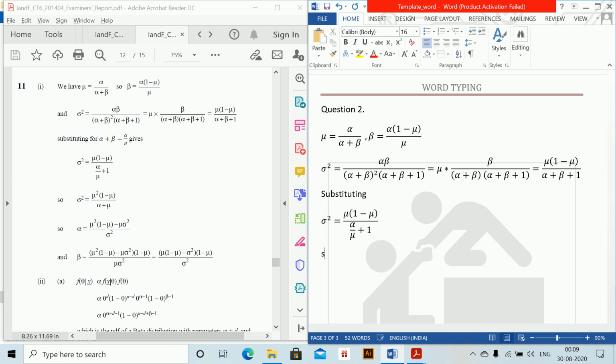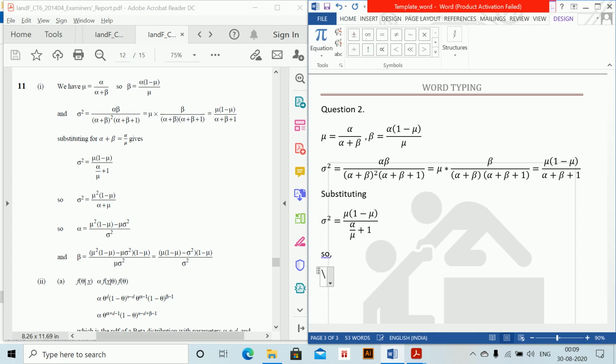So σ² is equal to μ(1−μ) divided by (α/μ + 1), and here it becomes μ².